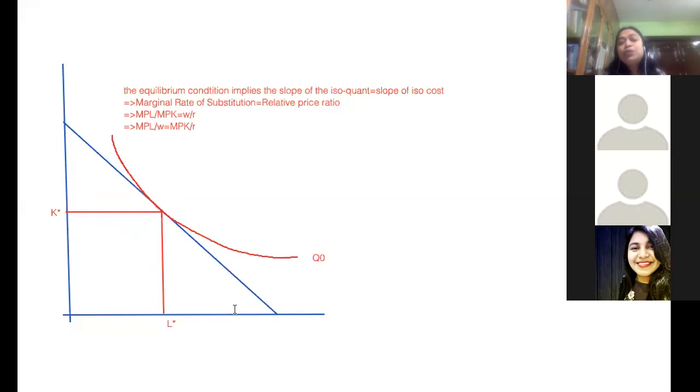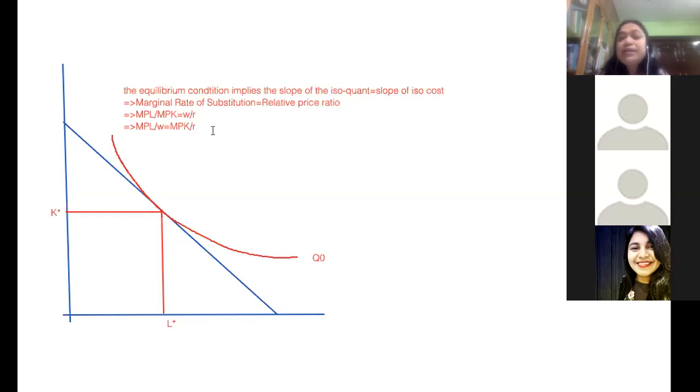When you equate both of them, you get the condition that MPL divided by W is equal to MPK divided by R. Right? What does that mean? W is a dollar number, like $10 per hour. The rental rate is also a dollar number. So when you divide by a dollar number, that reflects per dollar.